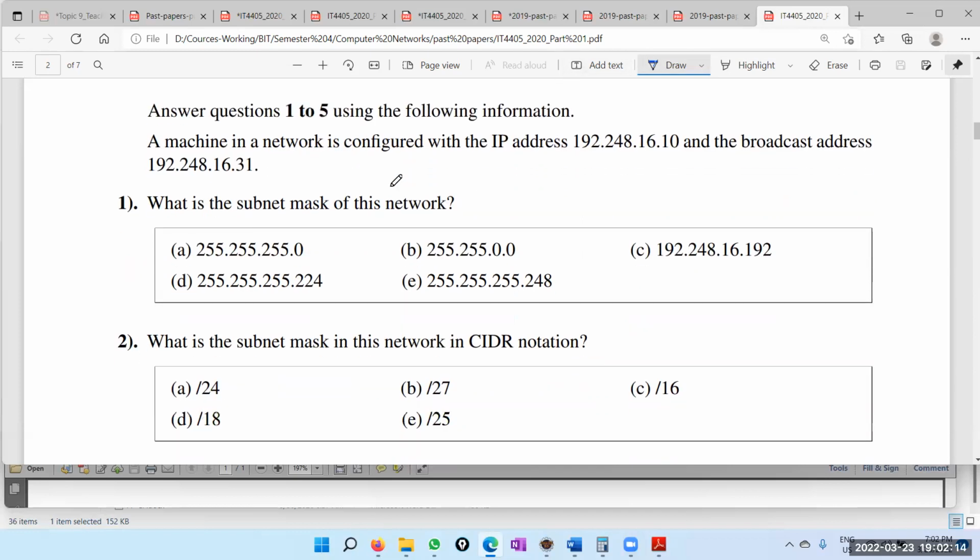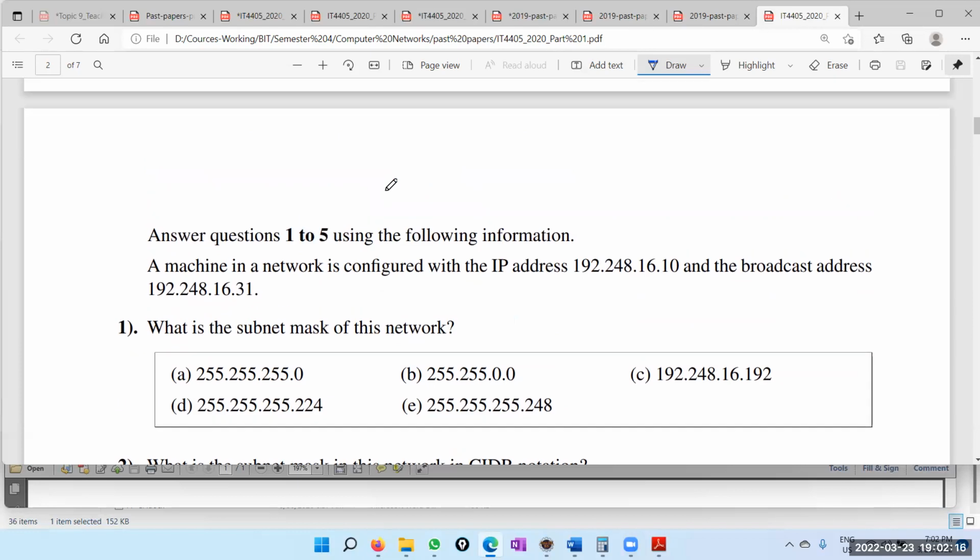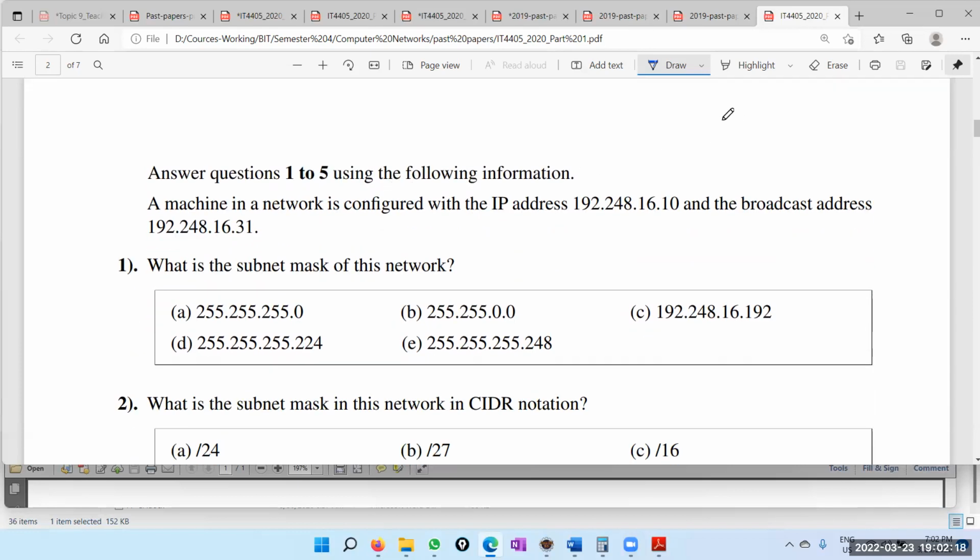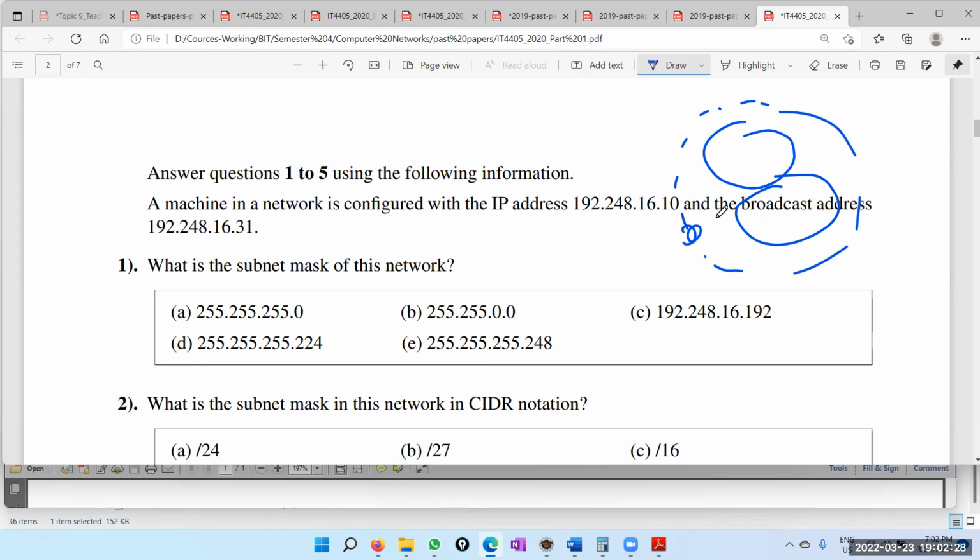Right. Now what is the idea behind subnetting? We can create our network into subnetworks, but the external router may see it as one network.